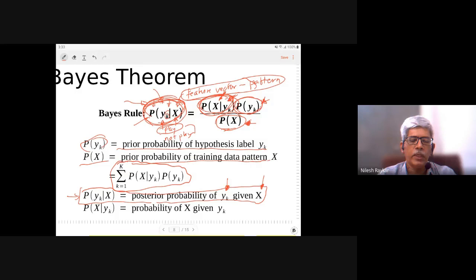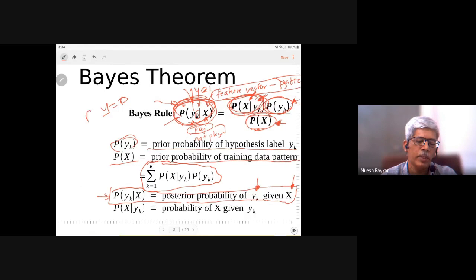First, the probability of playing tennis, that is yk equal to 1, and second, the probability of not playing tennis, y equal to 0, for the same pattern.